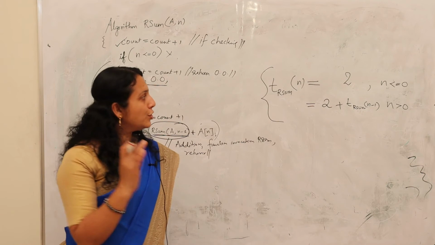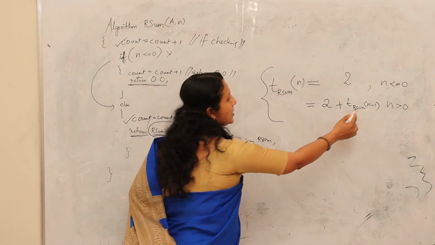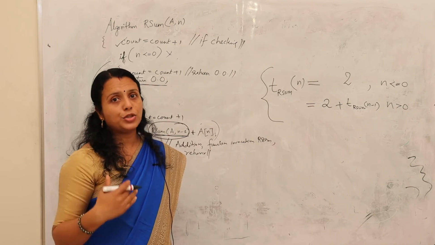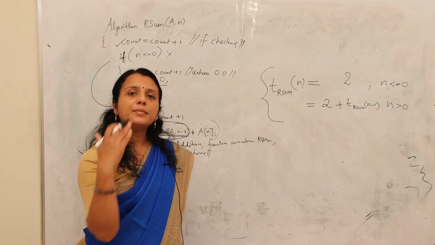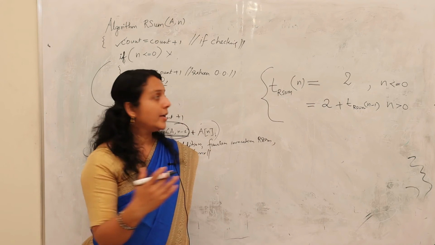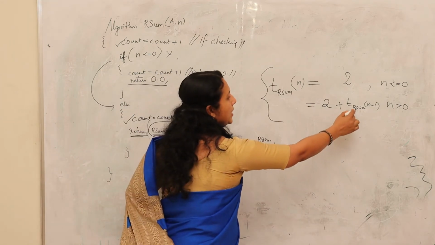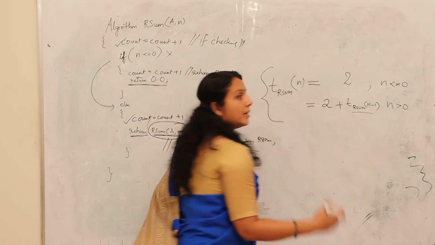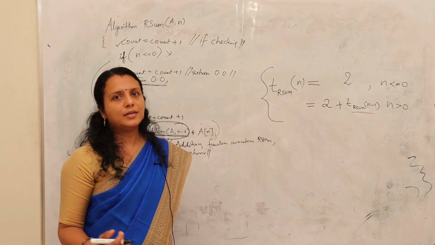Okay, you have to replace this RSUM n minus 1 by repeatedly doing substitutions. Okay, and how many times you have to do these substitutions? Till the T RSUM term disappears from that formula.